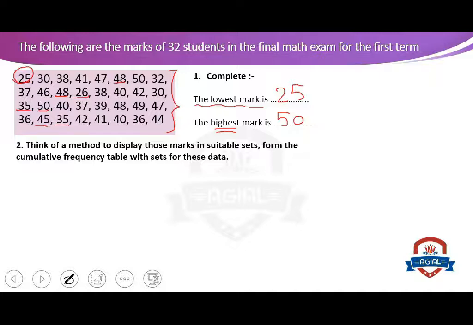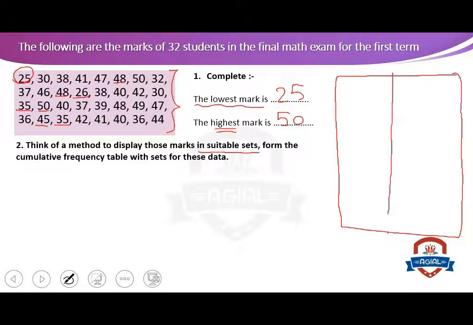And number 2, think of a method to display those marks in suitable sets, the cumulative frequency table with sets for these data. So to start, if we need to form the cumulative frequency table, we have to draw this table, and in this table we have 2 columns.